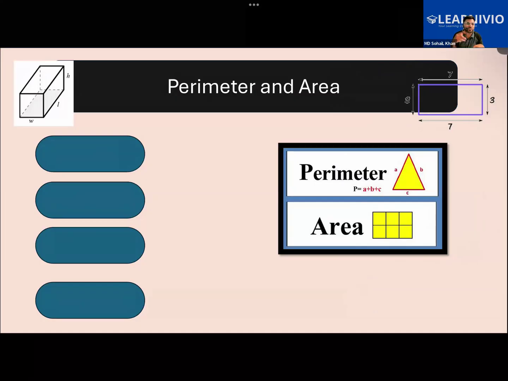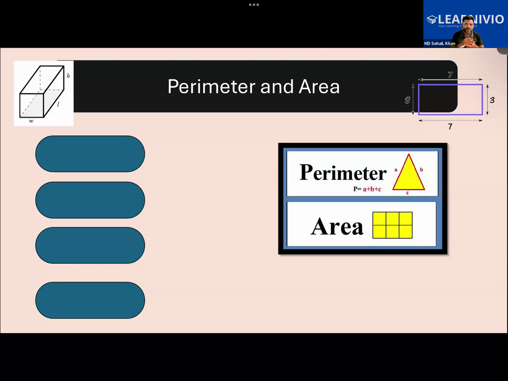So we need to know the total length of the boundary. One of the ways is to take a measuring tape and measure all four boundaries. But that would take so much time. So we can have some shortcuts. We have a formula to calculate it. Once you know the length and the breadth, you'll be easily able to calculate the length of the total boundary.